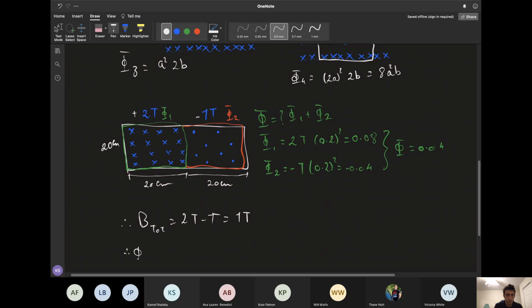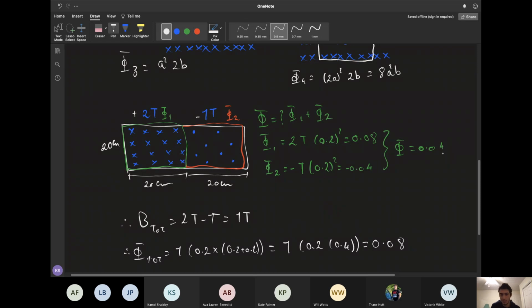So the total flux is equal to 1 multiplied by 0.2 multiplied by 0.2 plus 0.2, which is equal to 1 multiplied by 0.2 multiplied by 0.4. Something missing. 0.8.